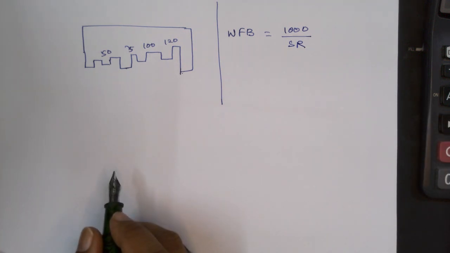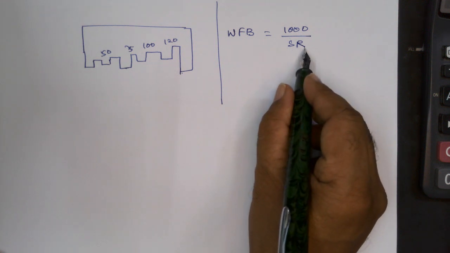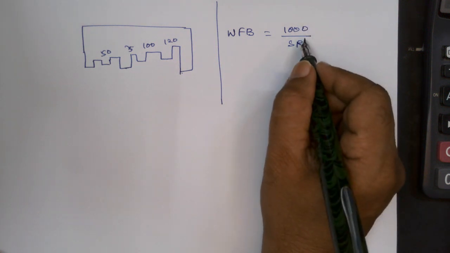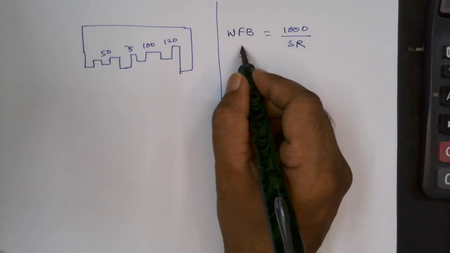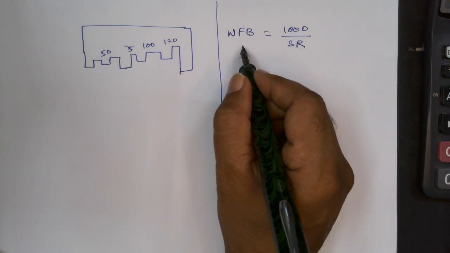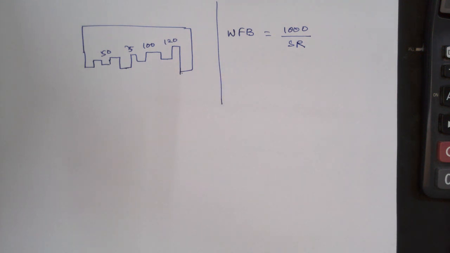Okay, so once you are able to find out the spreading rate, 1000 divided by SR, you will be able to get the wet film thickness or wet film build. Okay, so usually it is compared with the accepted brand and based on which the decisions are made to qualify the paint.